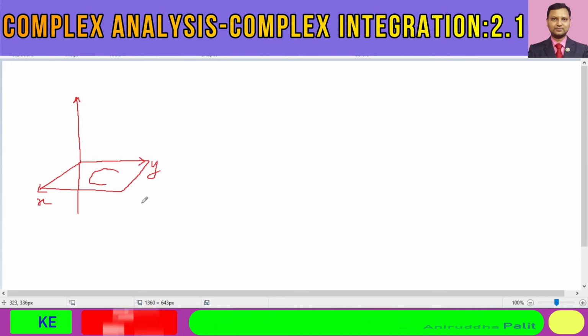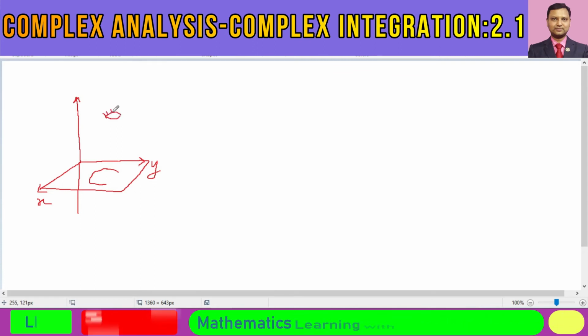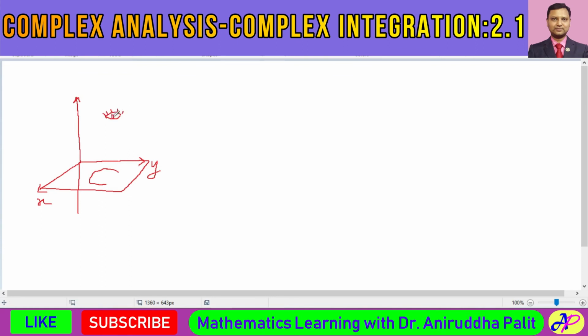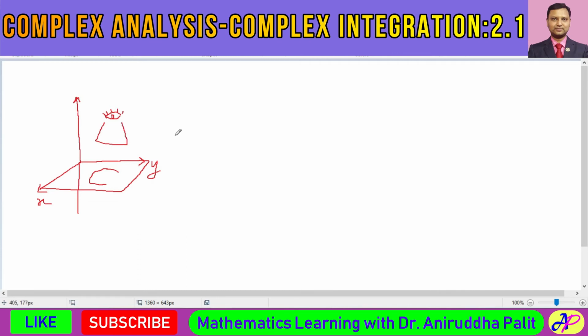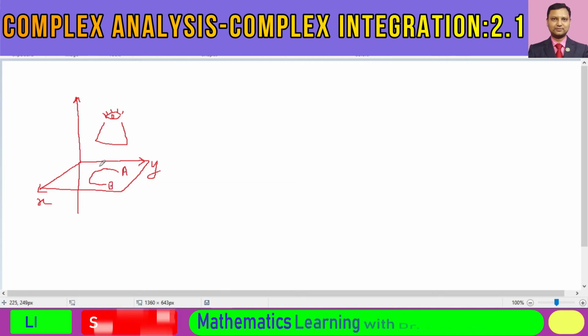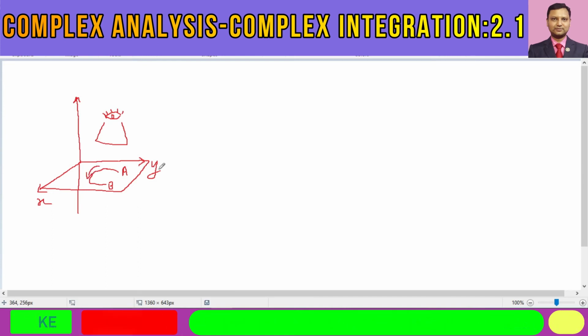Now, if you look at this curve from an observer who is sitting up in this positive direction, looking from this direction, and if this is the point A and this is the point B, the observer would find that the curve is moving along this direction.